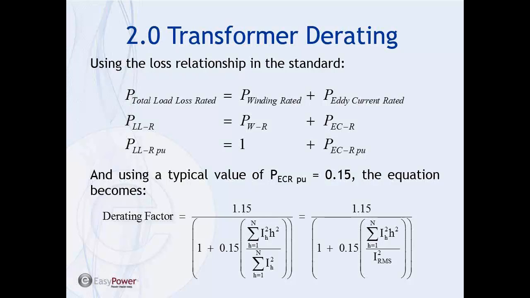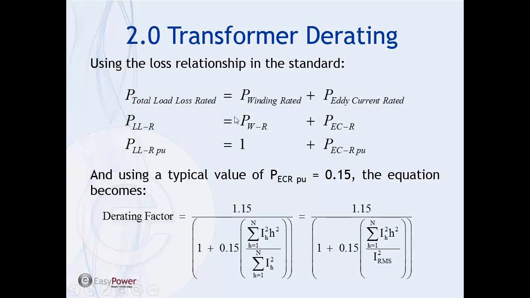If you go through a derivation of the derating equation in C57-110, you'll find that the eddy current losses typically end up being somewhere around 2 to 15% of the total losses. That's the reason we have an odd per unitizing method here.